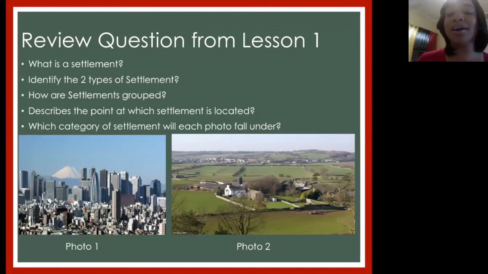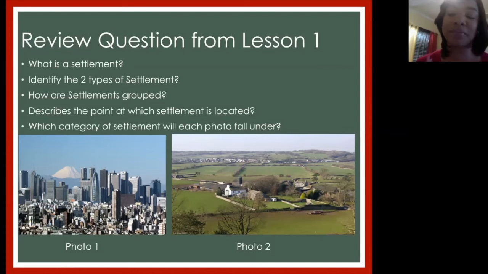Photo 1 and photo 2. Please provide your answers. Yes, Franklin. Good job. Franklin was the first one to get the answer. Photo 1 is urban and photo 2 is our rural settlements.